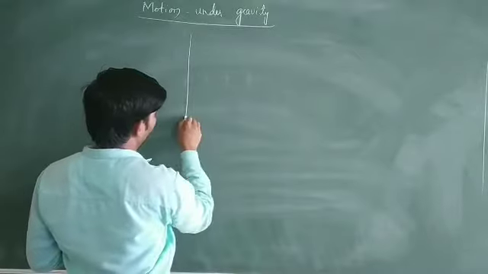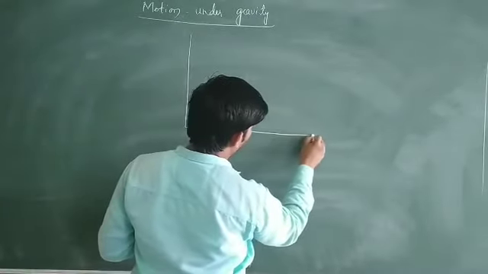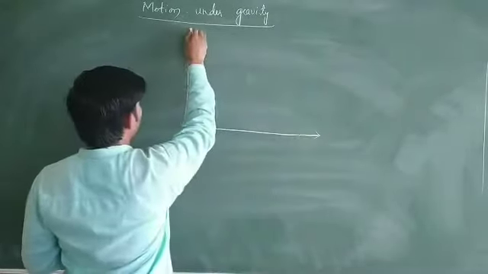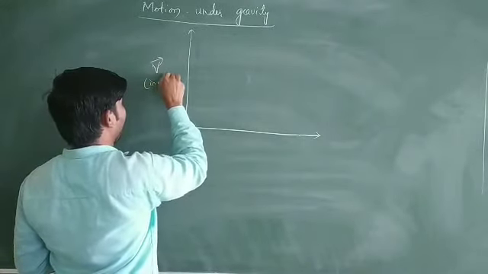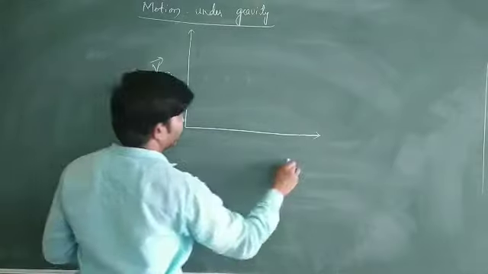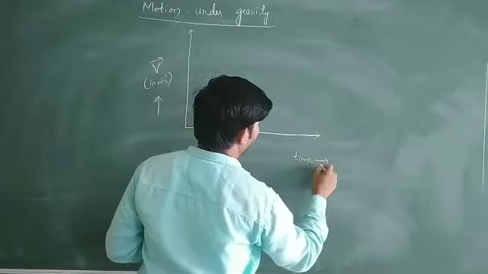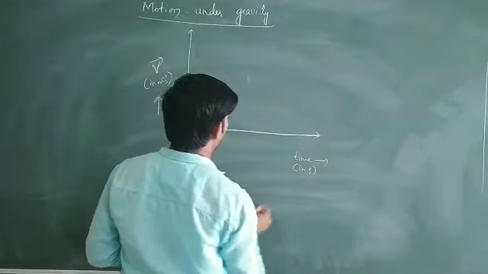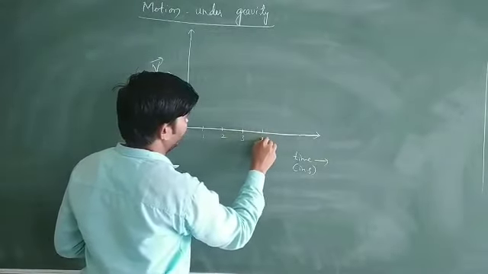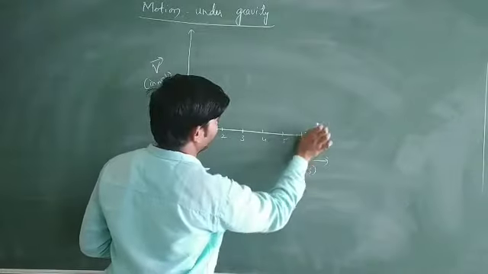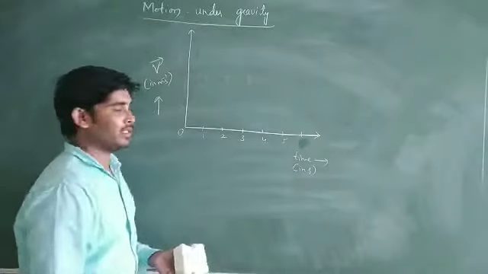For the velocity time graph, the velocity is taken along the y-axis, in meter per second. The time is taken along the x-axis, in seconds. So 0, 1, 2, 3, 4, 5, 6. Okay, now 5 seconds is enough.